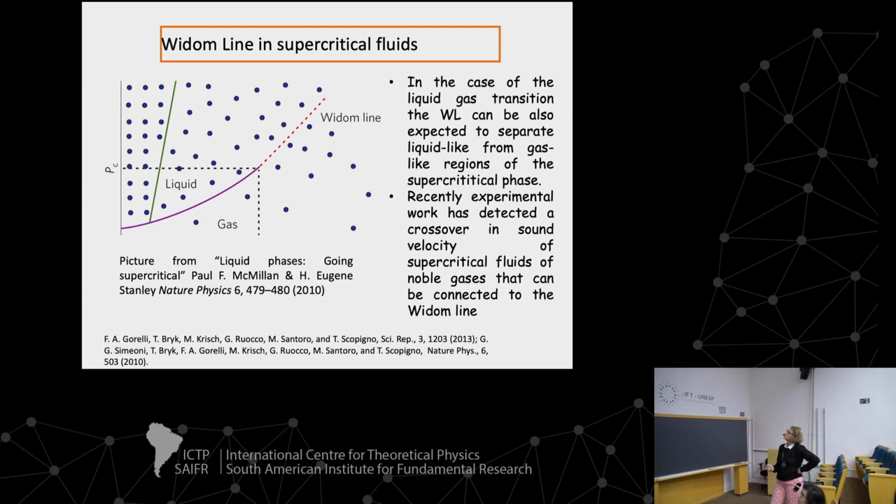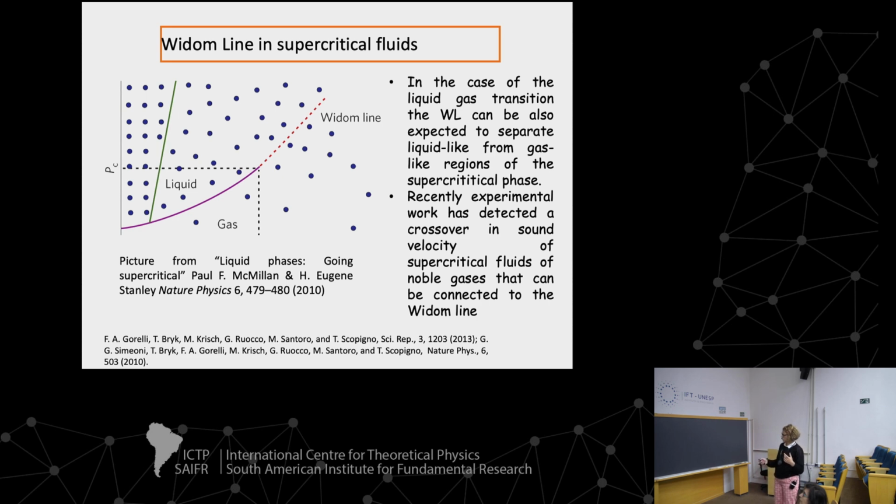And in the case of the liquid-gas transition, what we expect is that the Widom line separates liquid-like from gas-like phases. This means that we are still not in the two-phase region, but that this region on the left is more gas-like, and this region on the right is more liquid-like, okay?